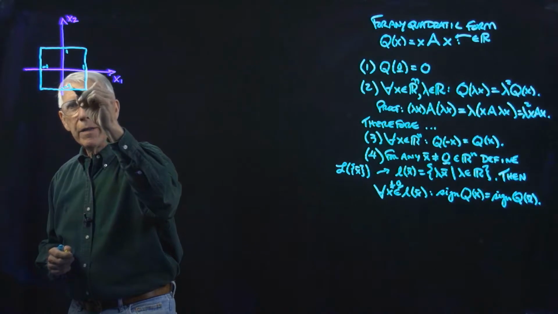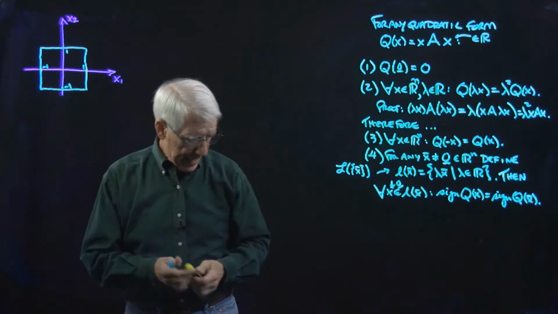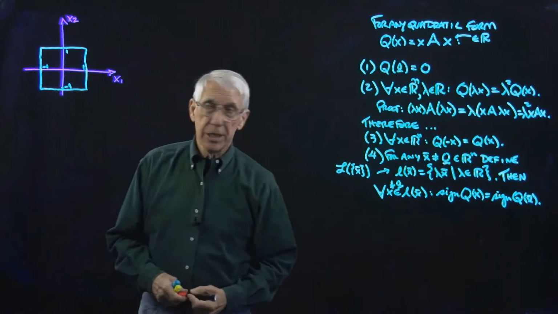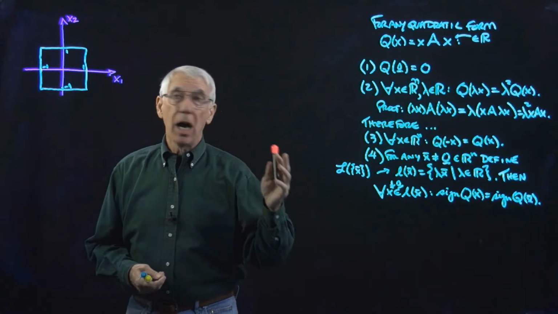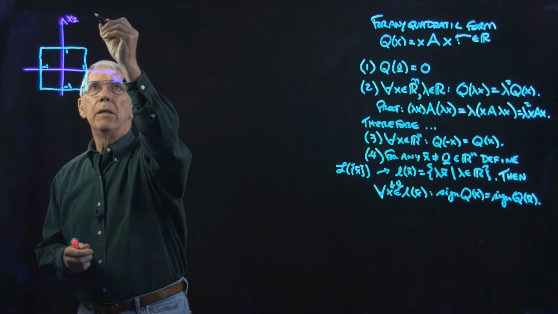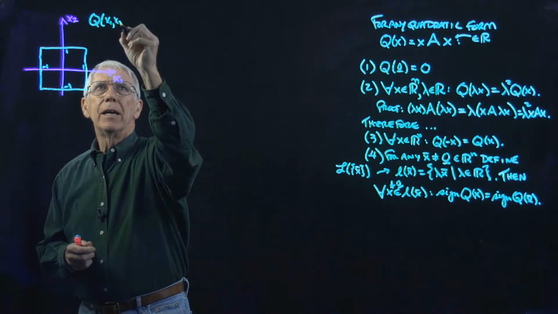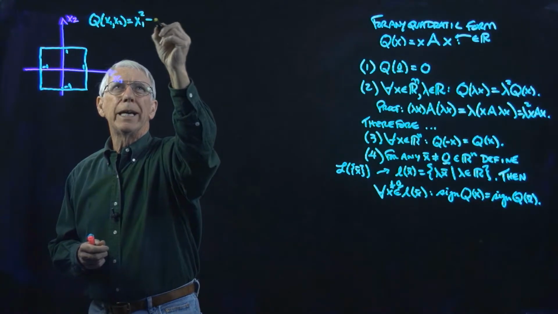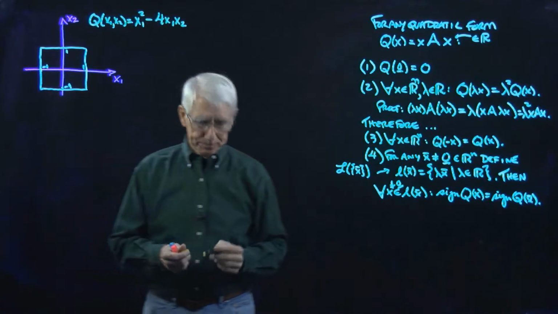So I've drawn the value on the axis inside the square, and now outside the square, what I'm going to do is write the number representing the value of a particular quadratic form. And so let's let our quadratic form be this. Let's say q of x1, x2 is x1 squared minus 4 x1 x2.